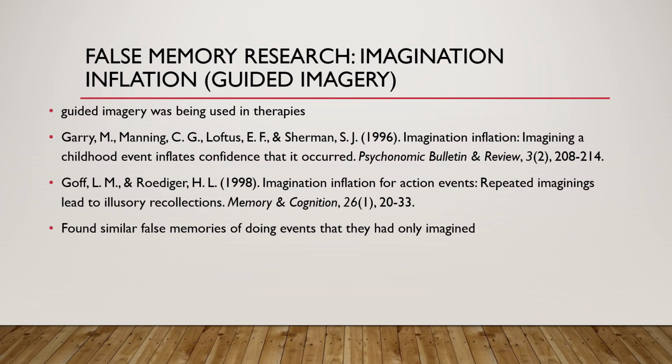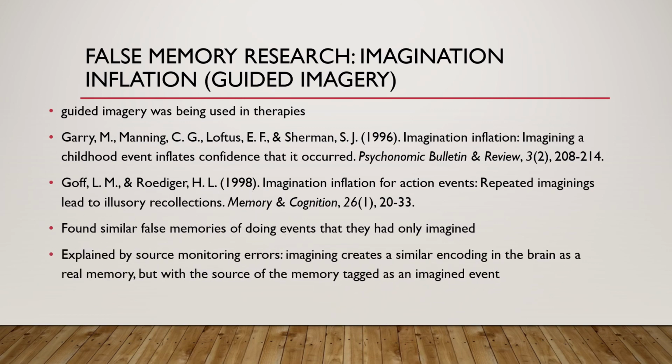So they found similar false memories of doing events in the lab that they had only imagined and had not in fact done. So there's converging evidence on imagination inflation having the ability to inflate improbable memories and increase the confidence in them.